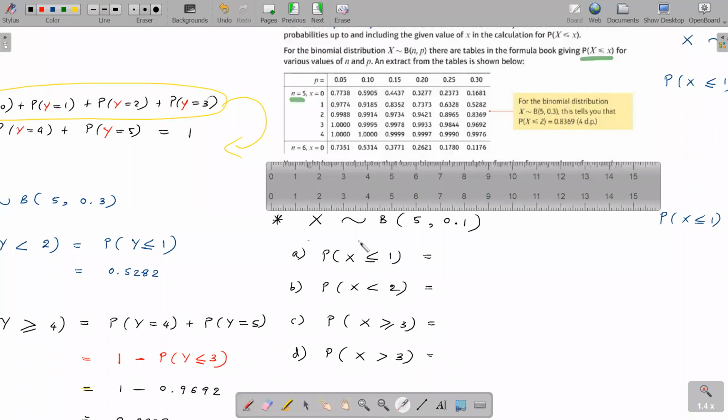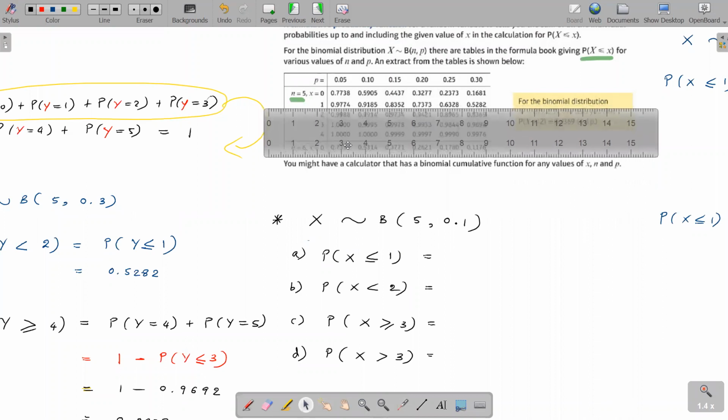So let's get the probability x is less than or equal to 1. So you go to the table. I think we can directly use the table now, right? X is less than or equal 1 is what's the answer? For the probability value 0.1, make sure you choose the correct probability column. The x value 1 gives 0.9185. Guys, do you agree?